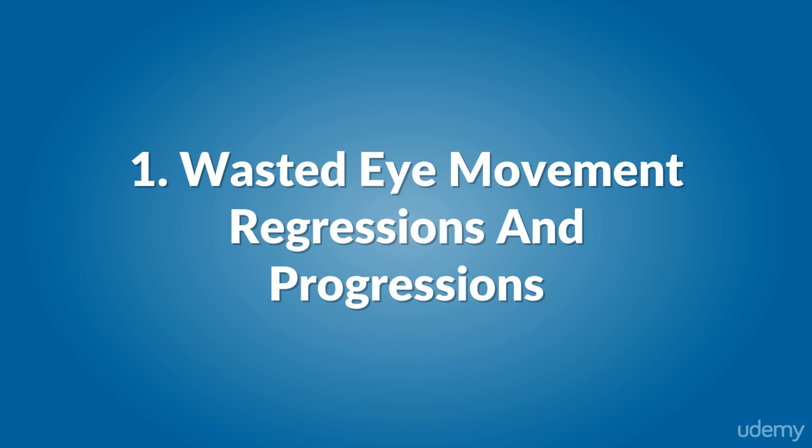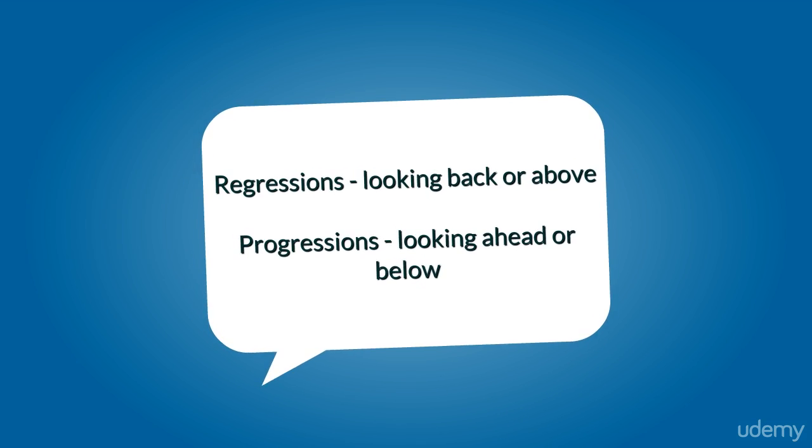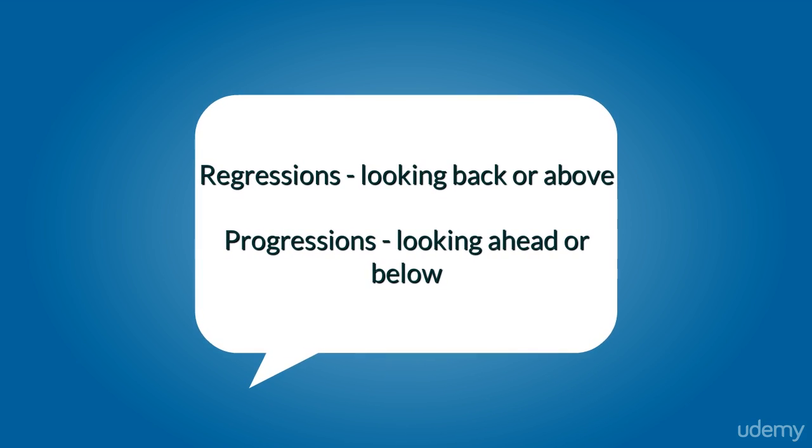If you watched long enough, you would notice that this jerky movement is interrupted by glances above, below, to the far left and far right, and maybe even totally away from the page. These unnecessary movements are known as regressions, looking back or above, and progressions, looking ahead or below. These movements are unnecessary and waste a lot of your time and energy while reading.